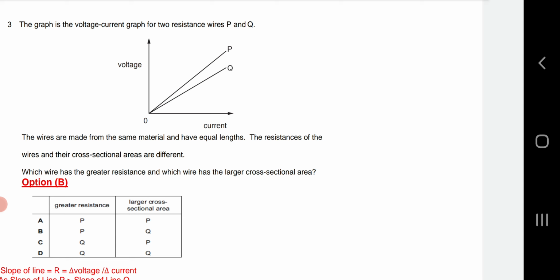So resistance is inversely proportional to the cross-sectional area of these wires. Hence, the wire Q has the larger cross-sectional area because its resistance is lower. So option B.